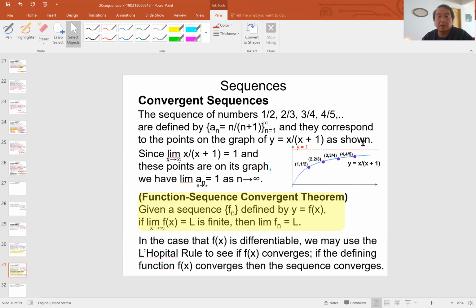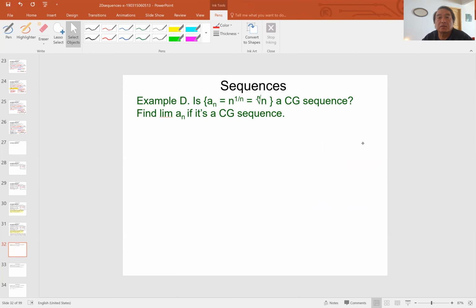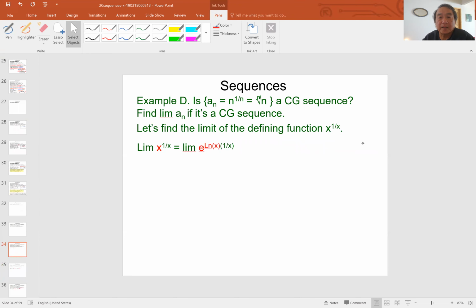And that means we have to take the limits. For a lot of these problems, it's a good place to review the limits using L'Hopital's rule. So here are three sequences where we find the limit by using L'Hopital's rule.